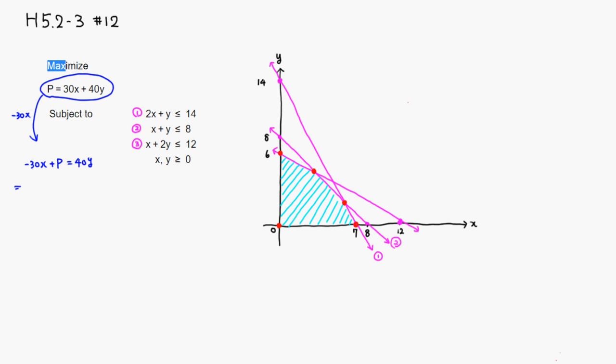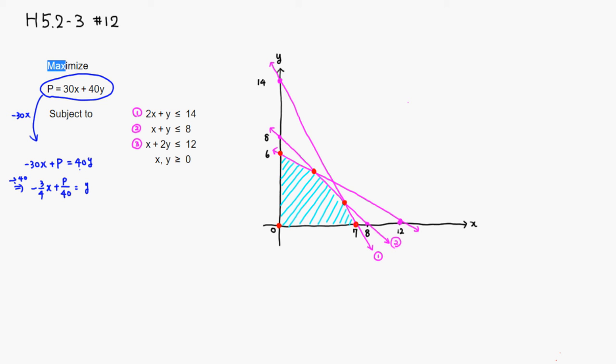Then we divide through by 40. Negative 30 divided by 40 is negative 3 over 4, knocking out zeros. So negative 3/4 x plus P over 40 is equal to y.